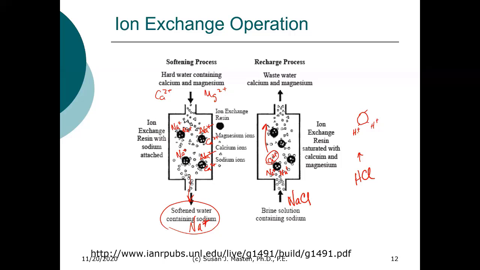Why don't we do that in home water softeners? It's what we do at the MSU power plant right here. Why don't we do that at home? Is it a safety concern? Safety concern. You need hydrochloric acid, so it's a lot safer to have a sodium chloride solution than it is to have a concentrated hydrochloric acid solution. The other reason is you'd be adding hydrogen ions, and that's going to lower your pH.